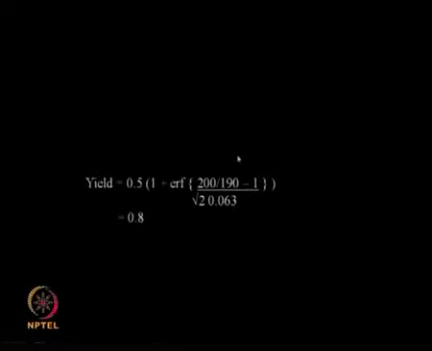So you calculate x, and then from the table you calculate the erf and substitute here, and this side is 0.5 multiplied by 1 plus something, so the yield is 0.8, that means 80%. So if I collect the sample up to 200th minute, I will be collecting 80% of the sample.